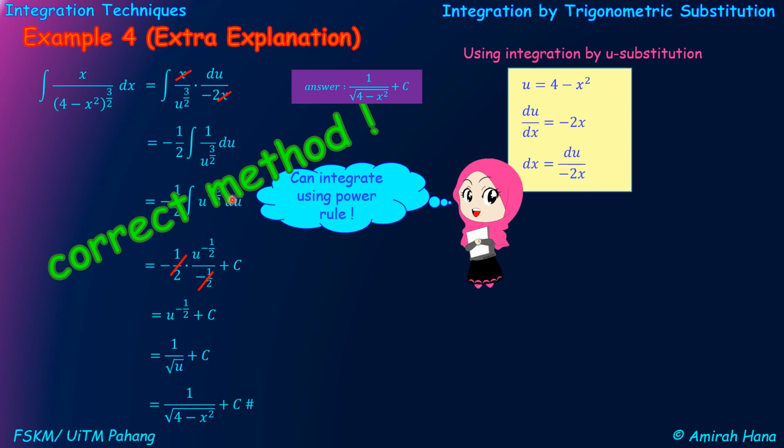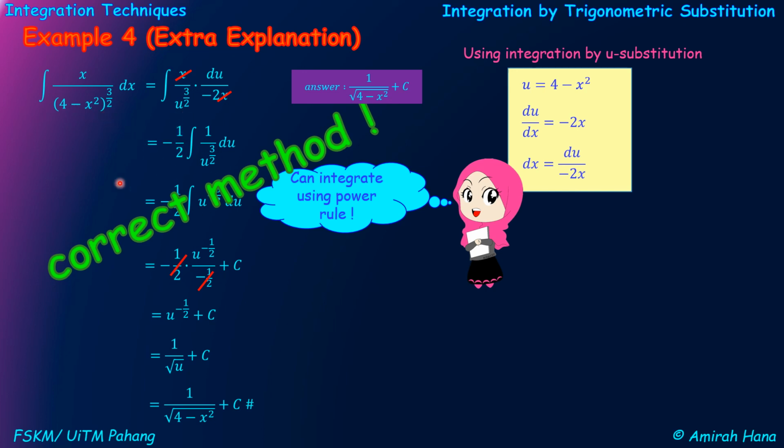That means this is also a correct method, so we can use U-substitution to integrate this question. If the question does not specify a method for integration, we are free to choose the appropriate method. However, if the question states a method, then we need to use the stated method.